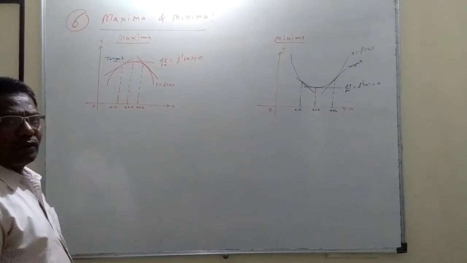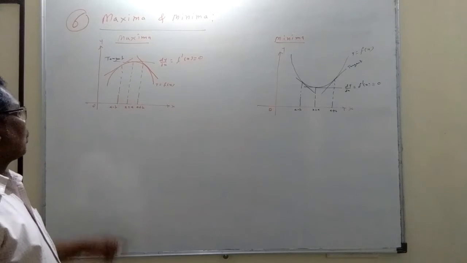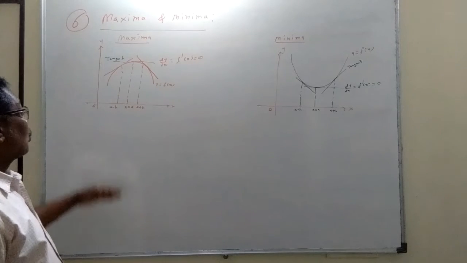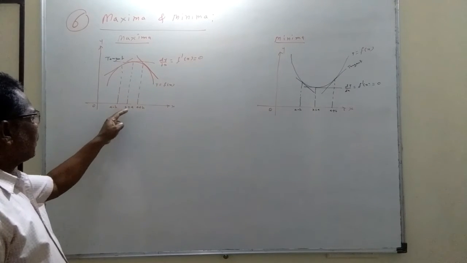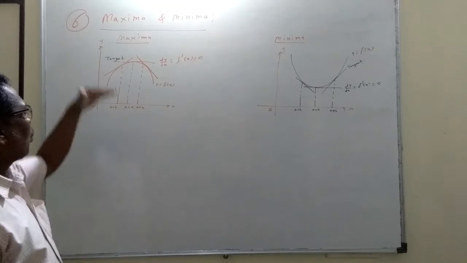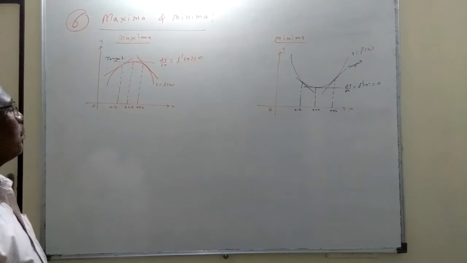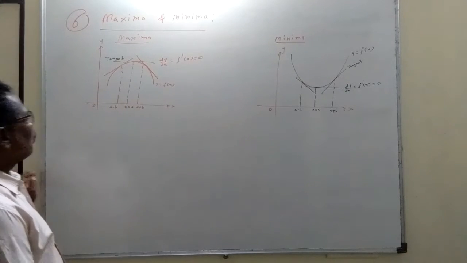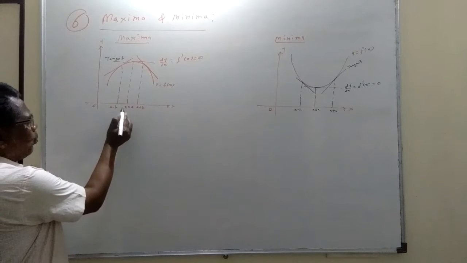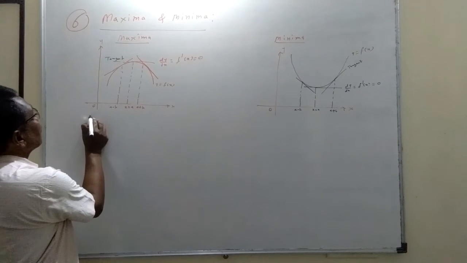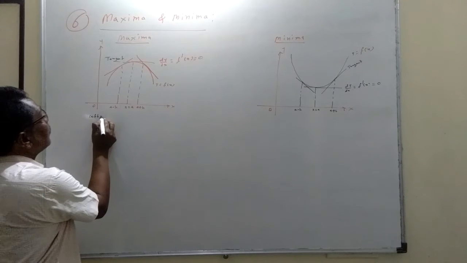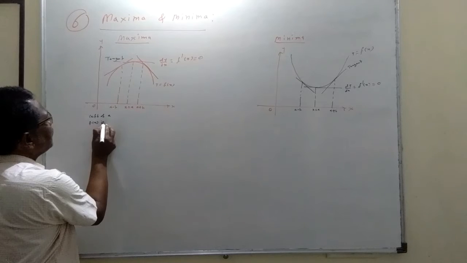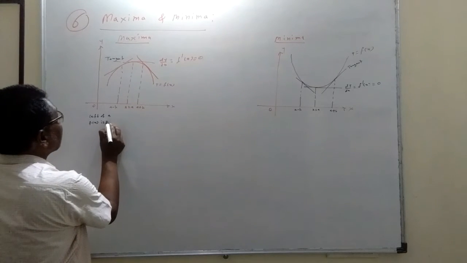Now if we consider a neighborhood interval, suppose a minus h to a plus h, where h is a very small positive number. In the interval a minus h to a, if we draw the tangent to the curve, that tangent makes an acute angle. As the tangent makes an acute angle, f dash x is positive, so to the left of a, f of x is increasing.